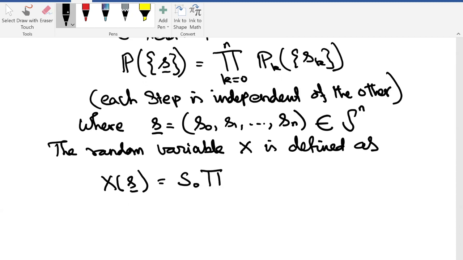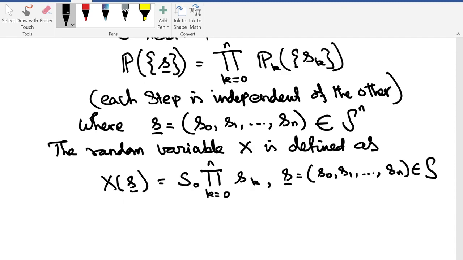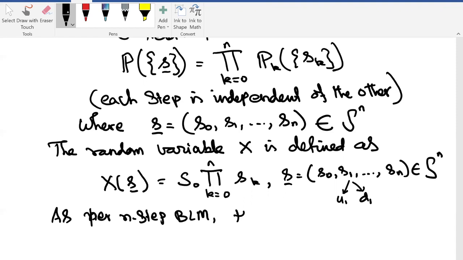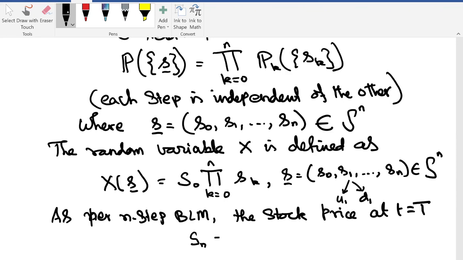They are either U's or D's. s is equal to (S0, S1, up to Sn) belongs to S^n. Okay, each one is either a U or a D. You have to remember that. And as per the n-step binomial lattice model, the stock price at t equal to capital T, since we have subdivided it into n parts, is denoted by Sn and is actually equal to X.